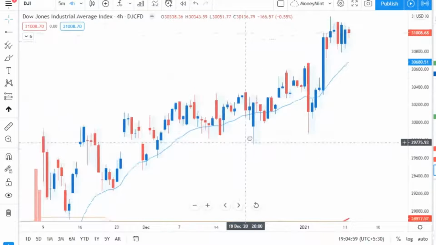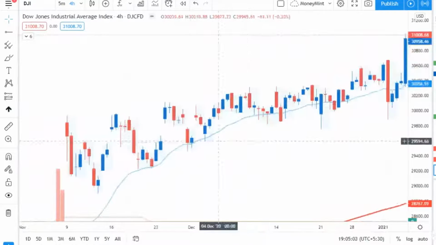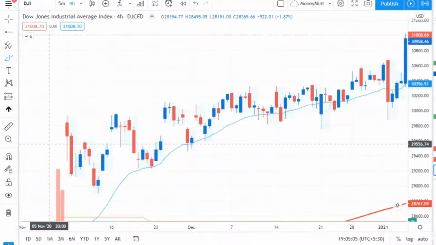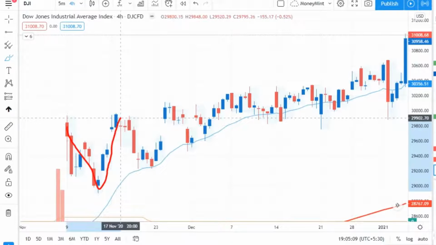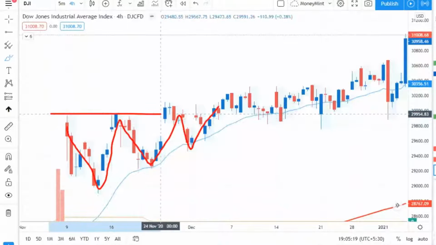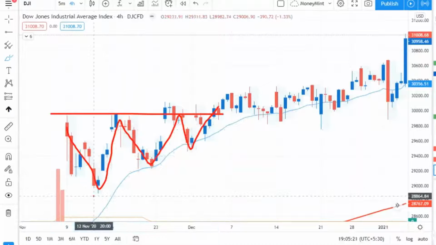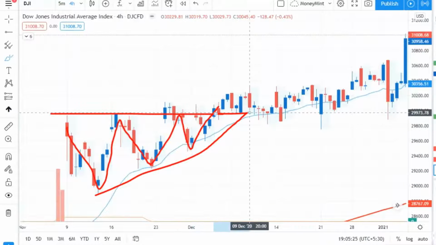And this movement we can capture by just drawing out a higher high, lower high, then a range bound movement, then continued higher lows, and it formed a kind of wedge here. Can you see?